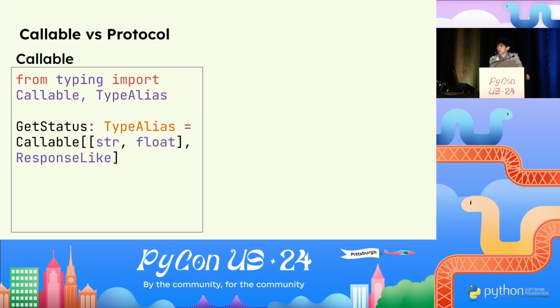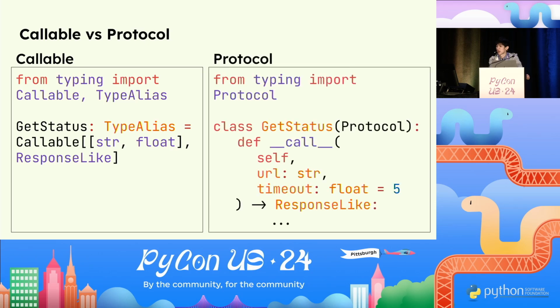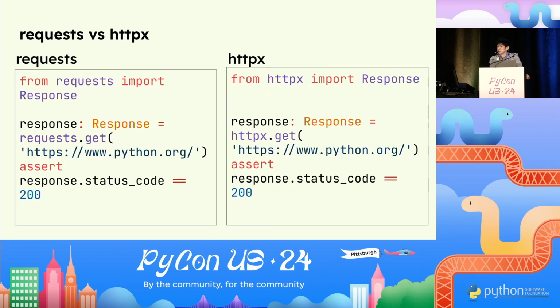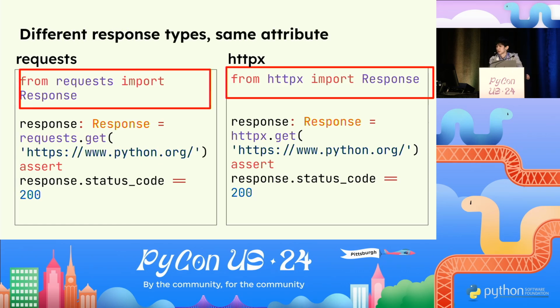We already have Callable to define the function type, but Callable defines only the type, whereas Protocol can define keywords or other specifics for the arguments. It's very useful. Sometimes the user wants to use the HTTPX client instead of the requests client.